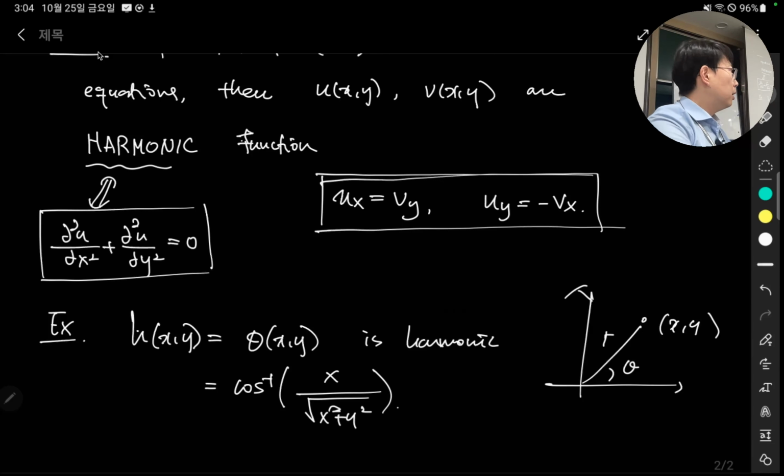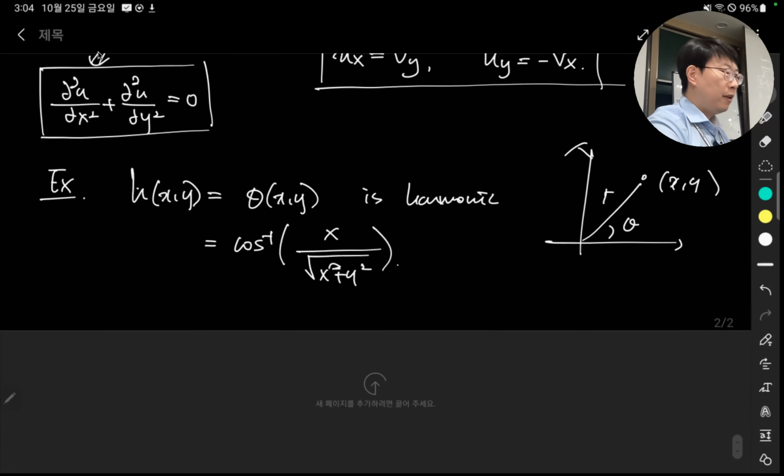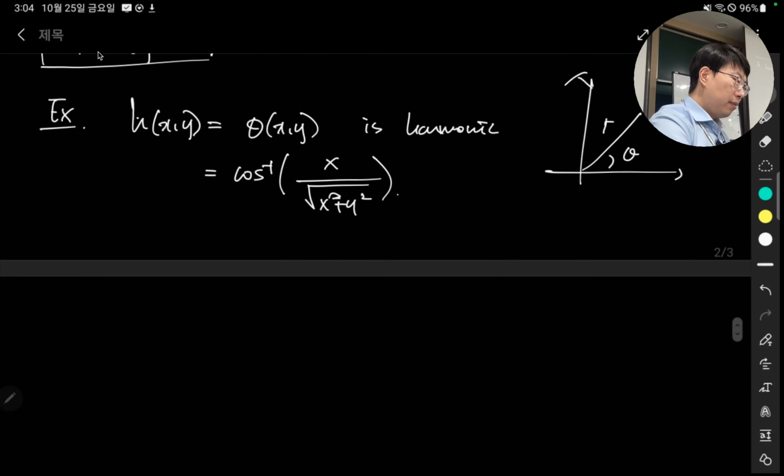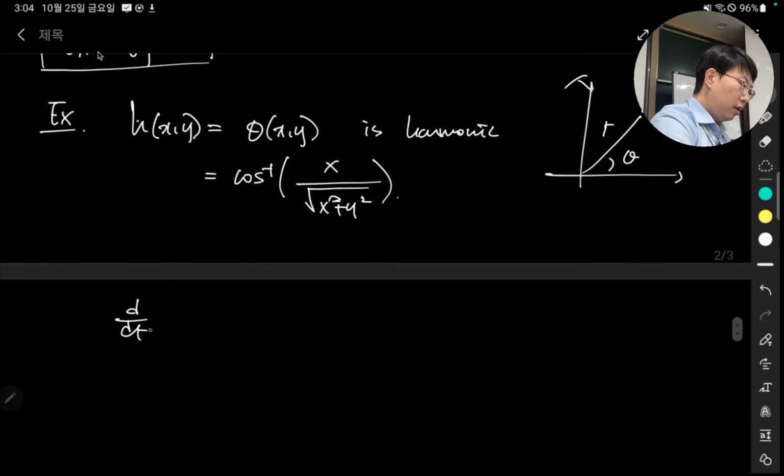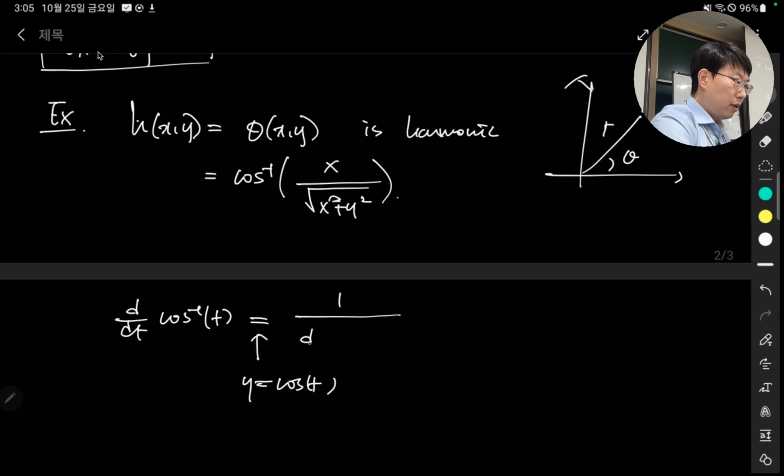Do you know how to take the derivative of inverse cosine? What's the derivative of inverse cosine? So d/dt of inverse cosine, when you take cosine y as t, is the reciprocal of d/dy of cosine y, right? So what is the derivative of cosine y? It's minus sine y.